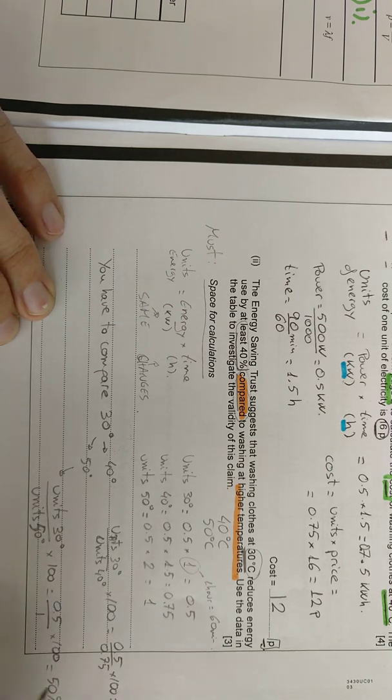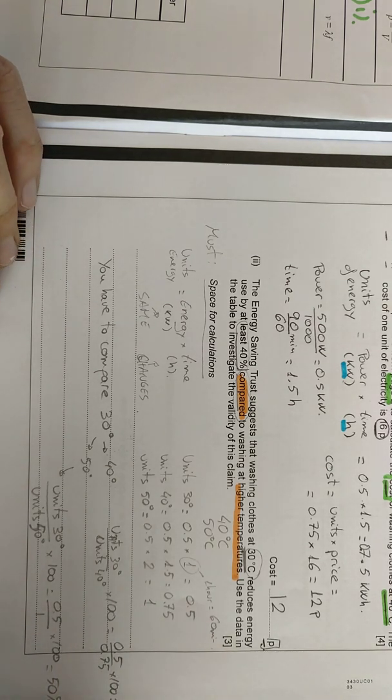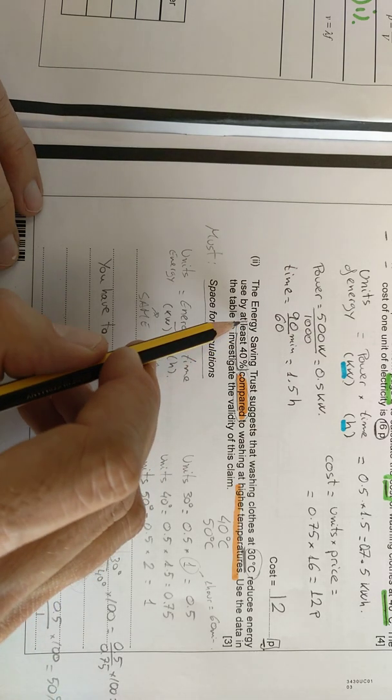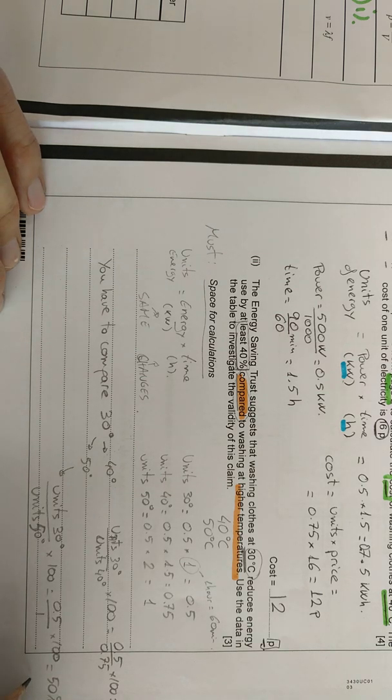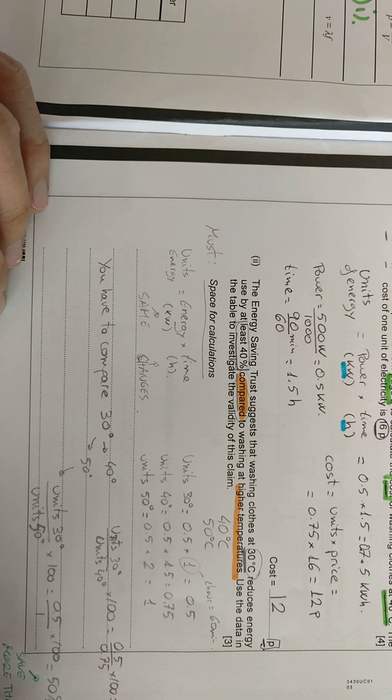Okay, now we have these two results, and what they want us to discuss is whether we are reducing energy by at least 40%. Here, for 50 degrees, we save more than 40%. We have used 50% of the energy, therefore we are saving more than 40%.